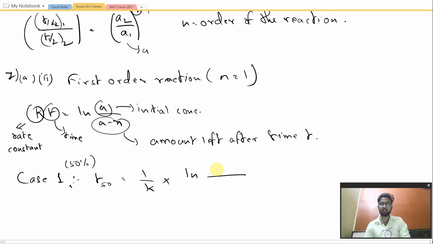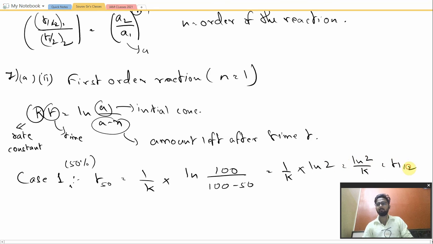Let us consider the total amount to be 100, so the final amount would be 100 minus 50. Here x is the amount consumed, and 50% is consumed, 50% is left. So we get 1 by k into ln 100 by 50, which is ln 2, so t50 is ln 2 divided by k. This is obviously the formula for t half, which we all know.